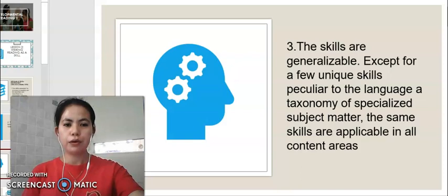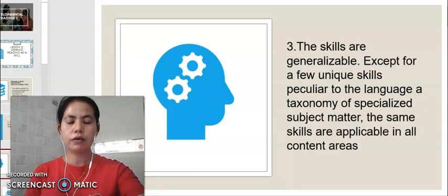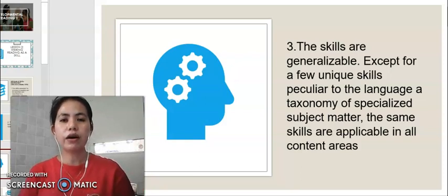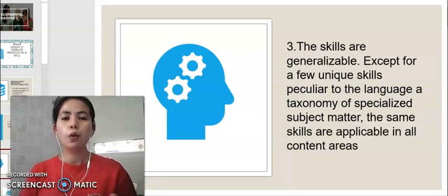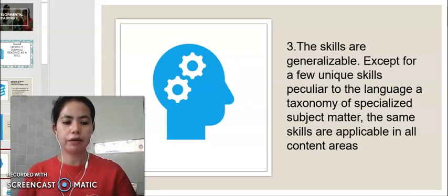Except for a few unique skills peculiar to the language, a taxonomy of specialized subject matter, the same skills are applicable in all content areas. So the skills are generalizable, meaning what you have learned before you can now apply to learn new things or in different areas.